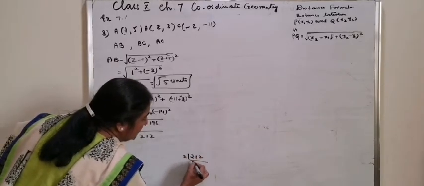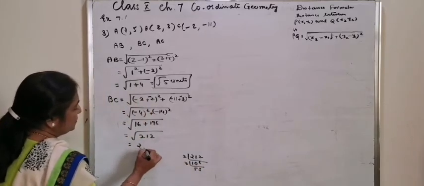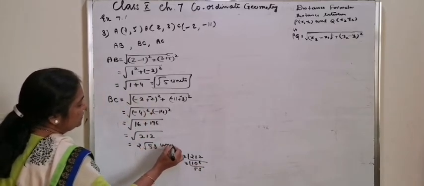Let's make it a mixed fraction, 106 by 253, or it is 2 square root 53 units.